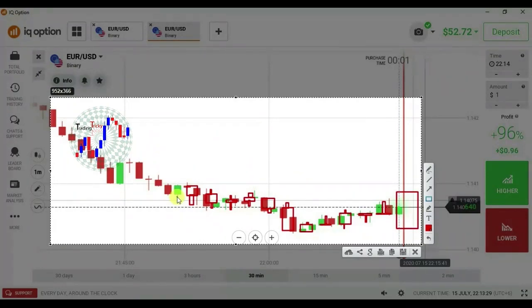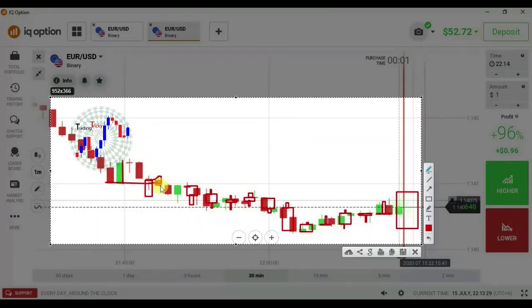Like after this strong rejection, it means most of the traders are thinking, okay, this is a level, round number 2, and strong rejection. From here we can see buyers entry, strong rejection, it means I should go with buyers for this candle.